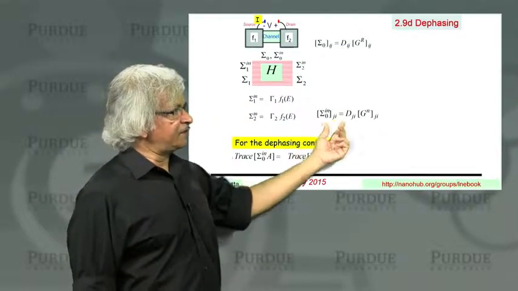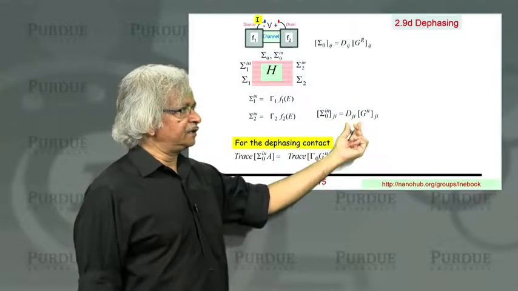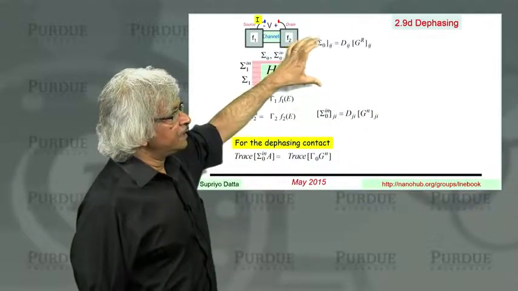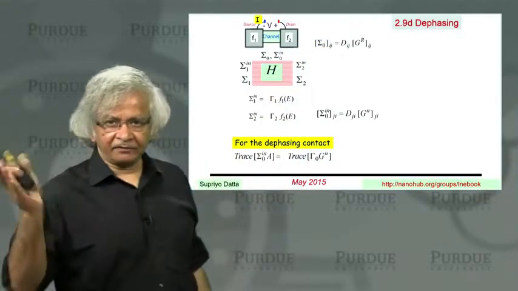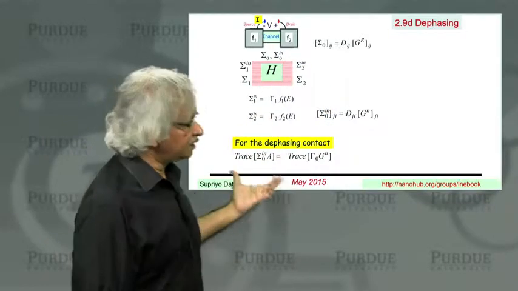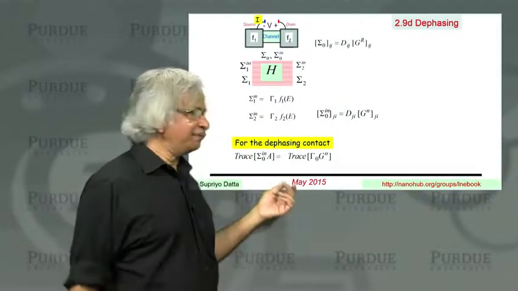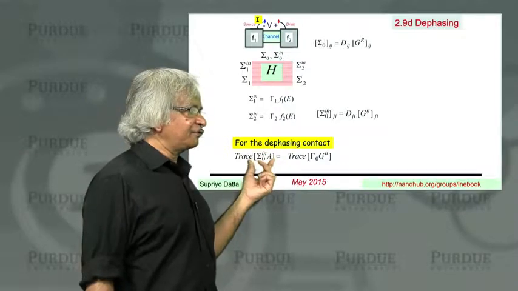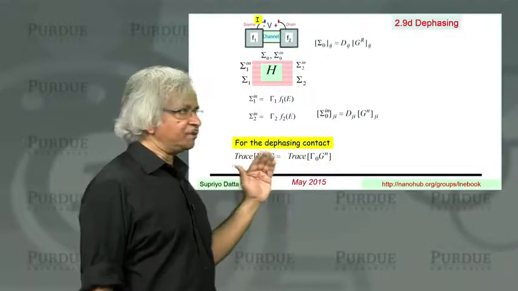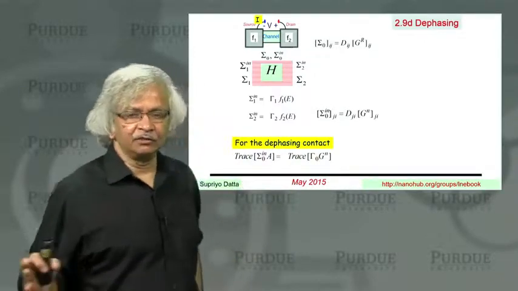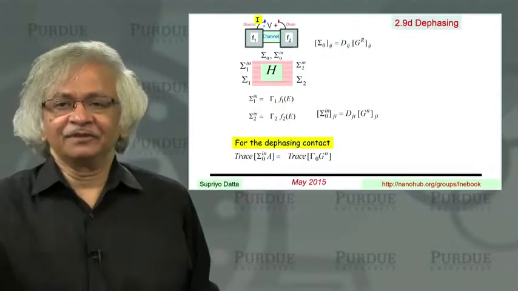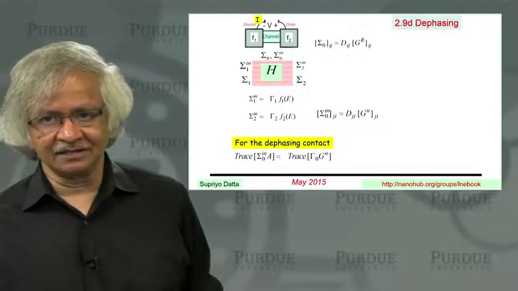And we use the same matrix here, sigma 0 n equals Dij times Gn. And the point is that as long as the D matrix is symmetric, that Dij equals Dji, what I'll show is you'd still have a consistent theory because the trace of sigma in A will be equal to the trace of gamma Gn, which means inflow and outflow will be balanced and you won't be losing electrons. That's always a zero-order check to make, because if you're losing electrons, you won't have a consistent theory.